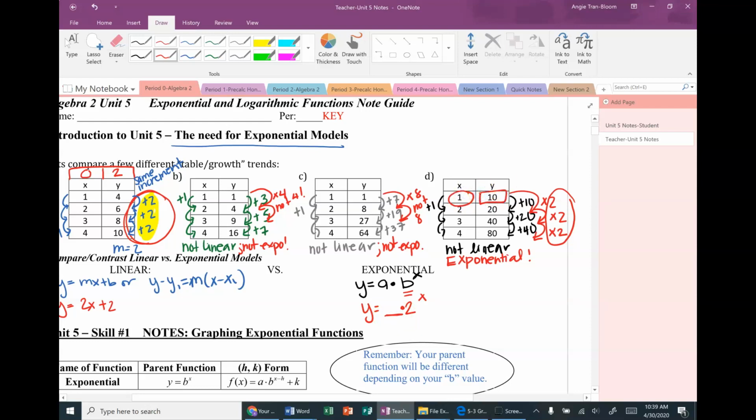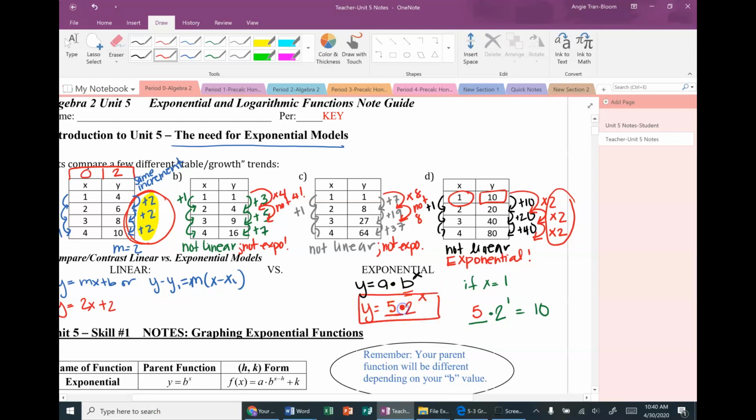Well, let's test it out really quickly. If x equals 1, so 2 to the 1, that's only 2. Well, what must we multiply in the front so that we get a y value of 10? Would you agree that in the front, we would need to multiply by 5? So that's your a value. The a value for this case is going to be 5. And that is your exponential.